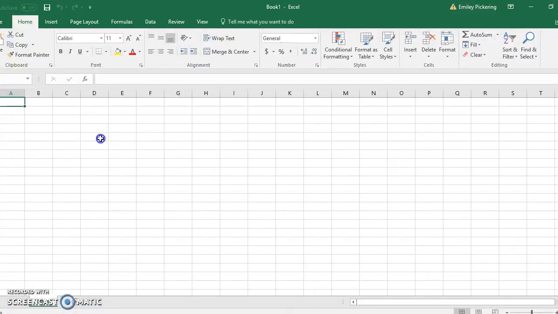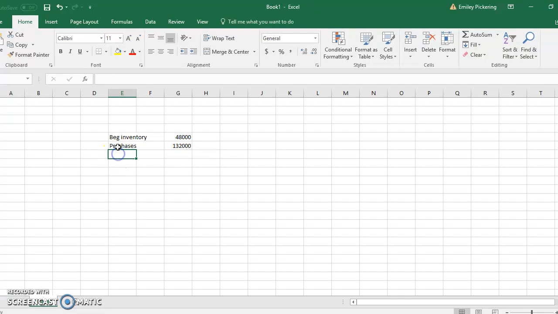What I'm going to do is start with my beginning inventory, which is what we had as of June 1st. That was 48,000. Then I'm going to add my purchases of 132,000.